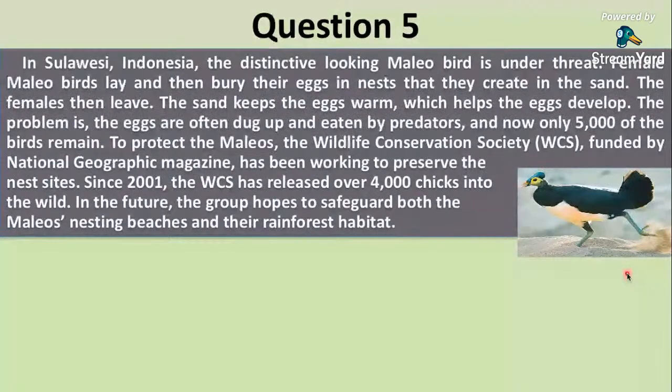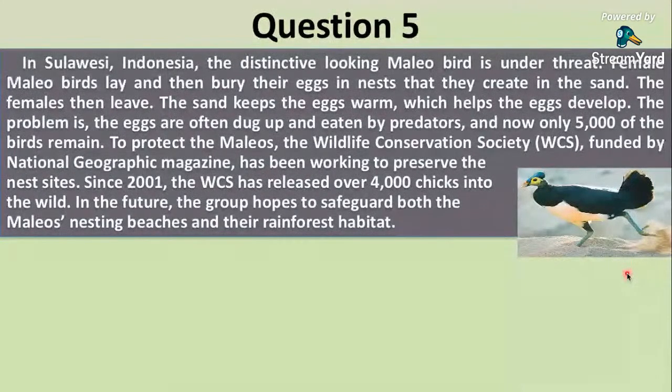In Sulawesi, Indonesia, the distinctive-looking maleo bird is under threat. Female maleo birds lay and then bury their eggs in nests that they create in the sand. The females then leave. The sand keeps the eggs warm, which helps the eggs develop. The problem is, the eggs are often dug out and eaten by predators. And now, only 5,000 of the birds remain.